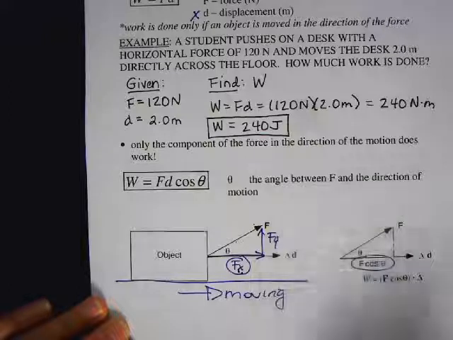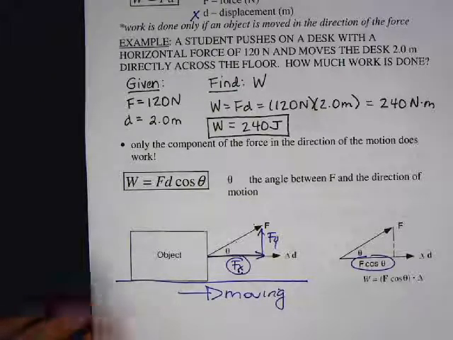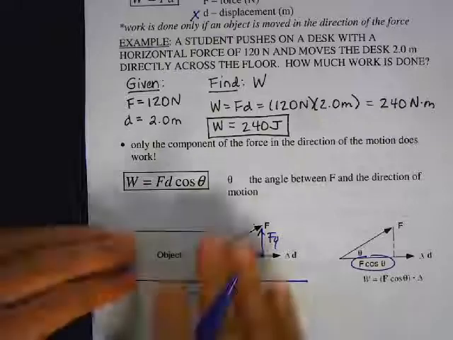So that's why here it says F cosine theta. So only in the direction in which it's moving. But the same thing is true vertically. If I lift something vertically, the weight of the object is mg, and that force, the weight, is being moved vertically, and that would be the work.